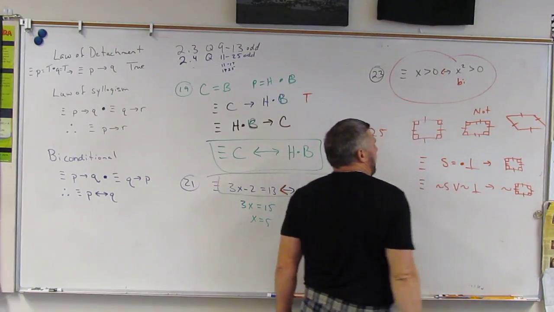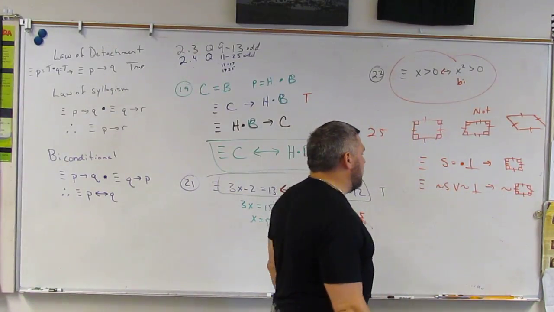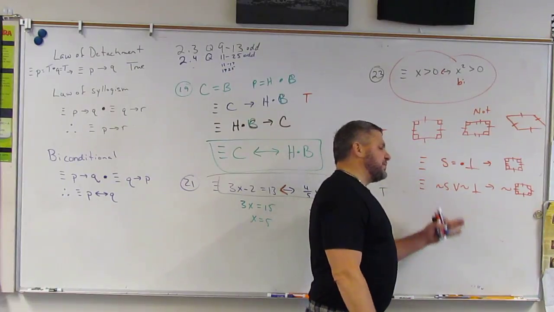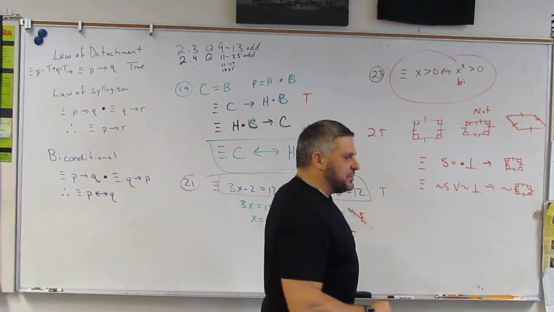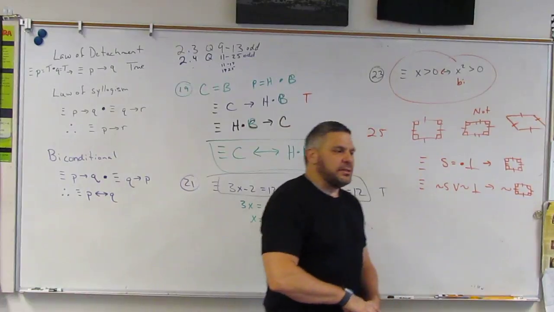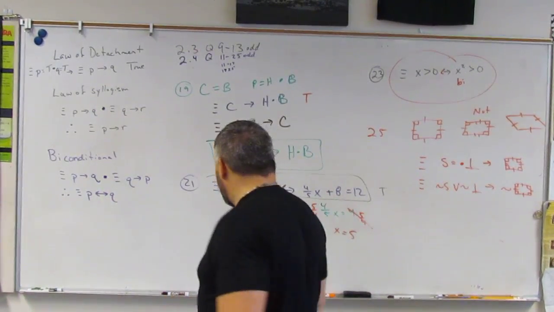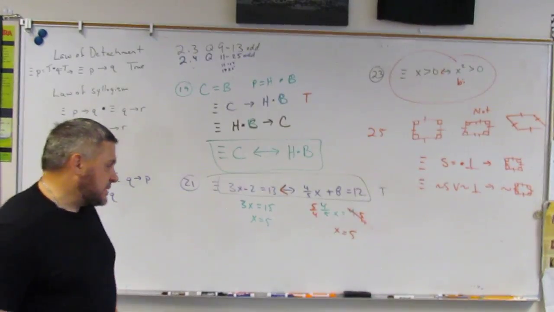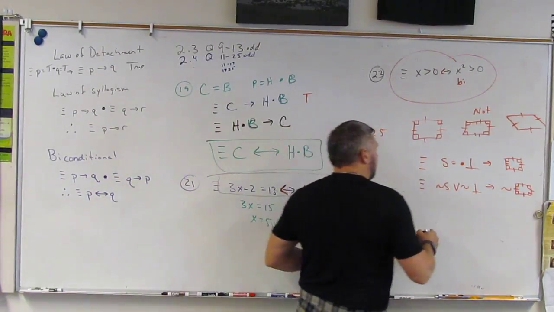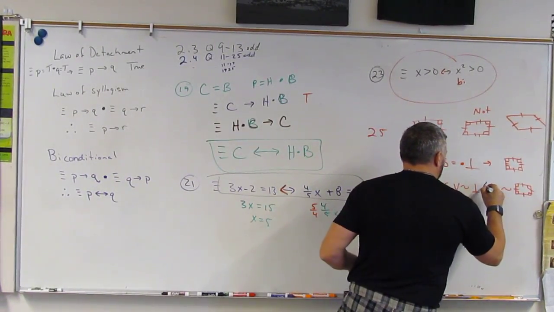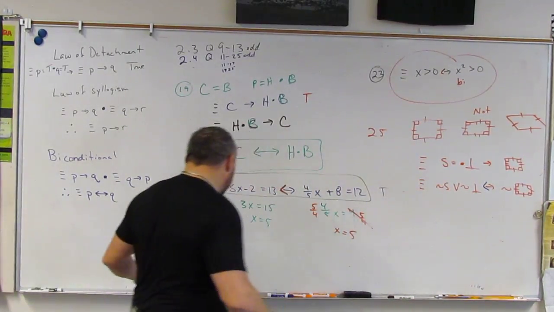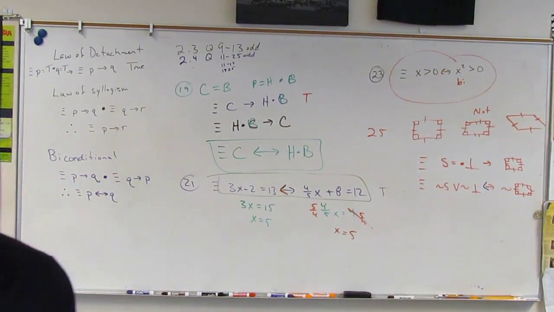If either one is not true, then it's not a square. Done. And that is biconditional. Goes both ways. Okay? Let's finish that up.